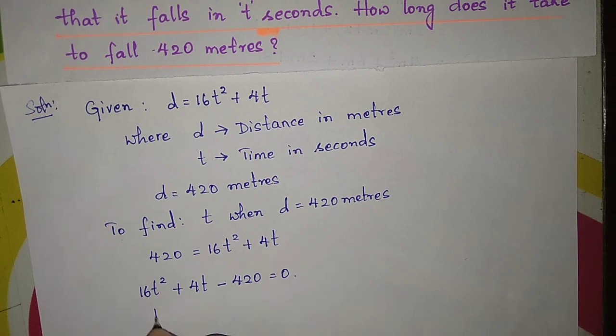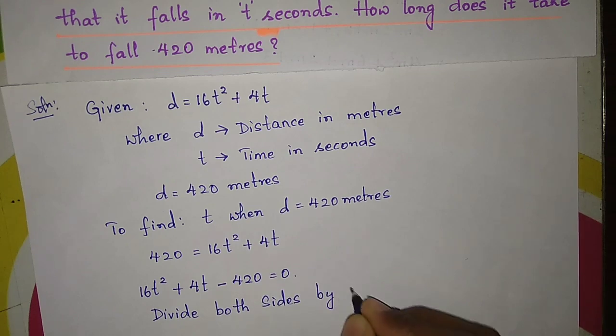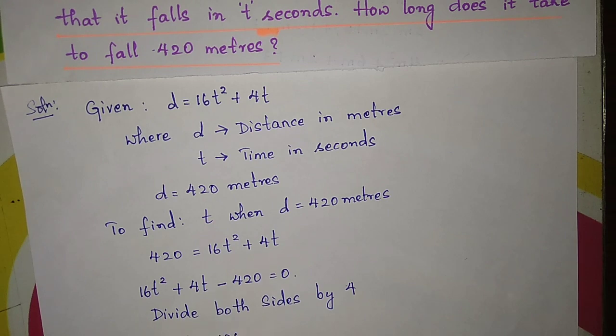So we will divide both the sides of this equation by 4. Then the equation is going to be 4t square plus t minus 105 is equal to 0.